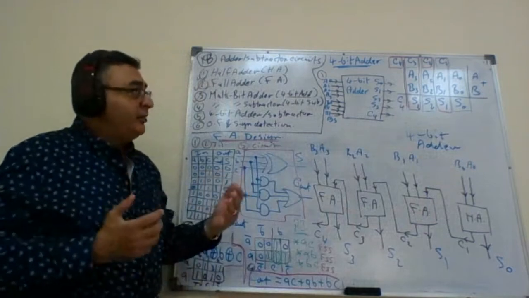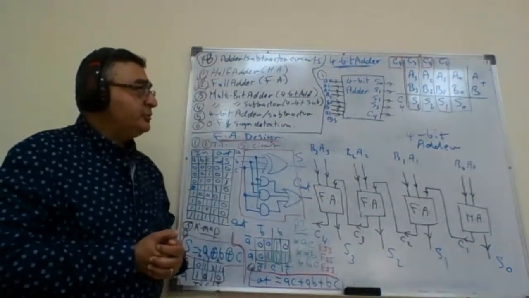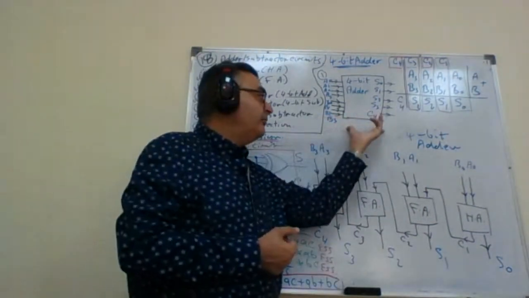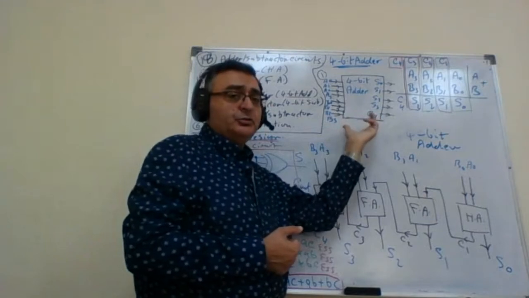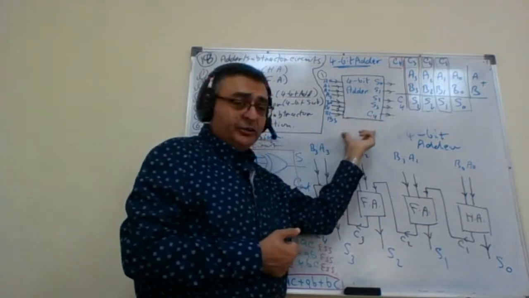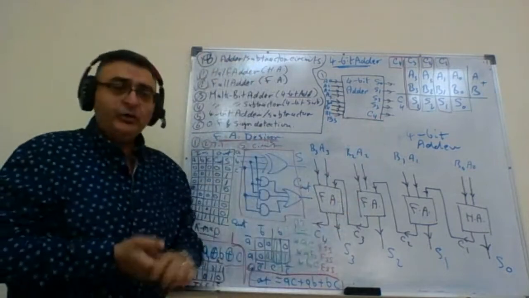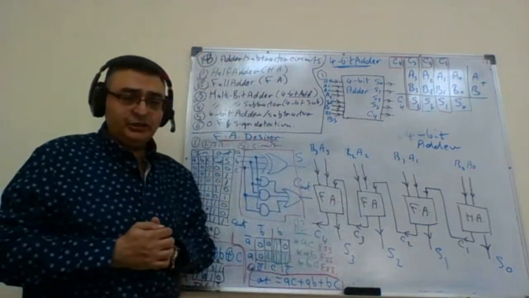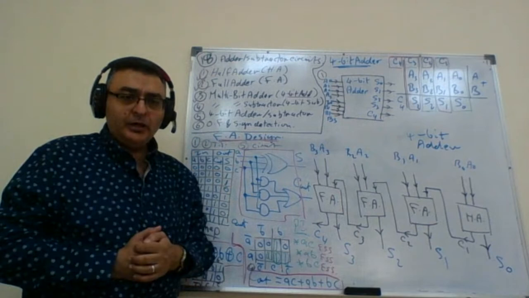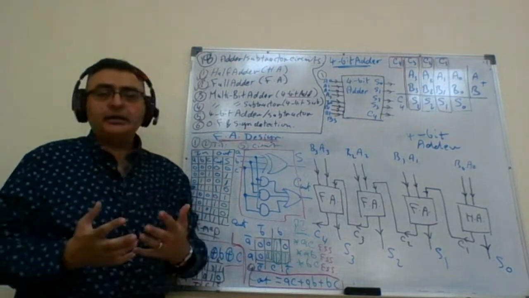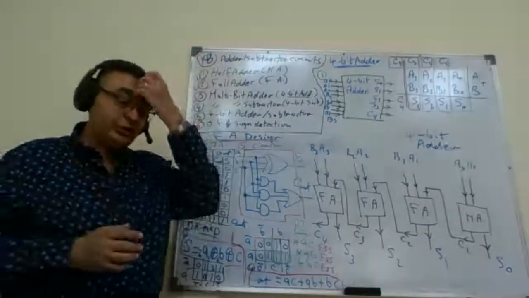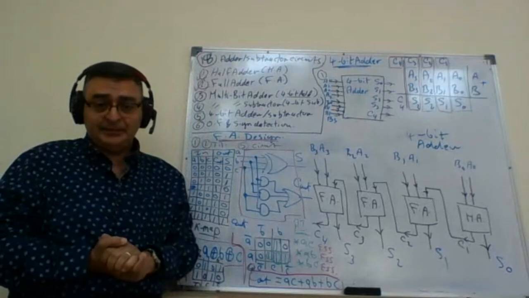So maybe somebody comes and asks me, if my target is to design the 4-bit adder in the standard way. We indicated in the last lecture, in part number 1, that this is not practical, due to the huge truth table and the large number of K-maps needed.